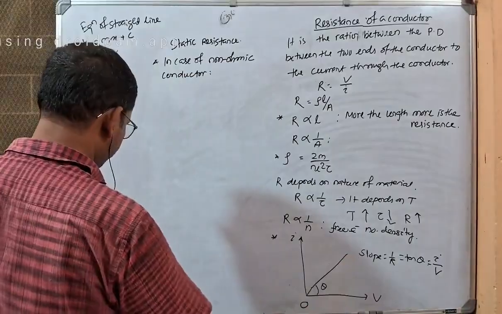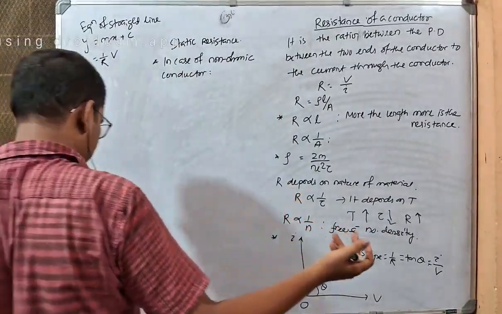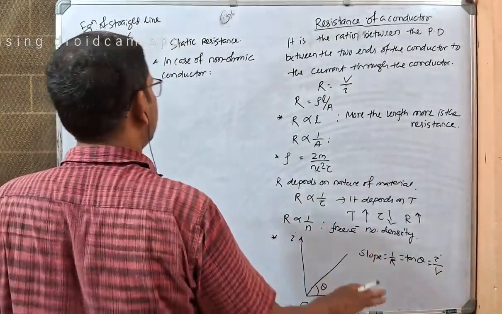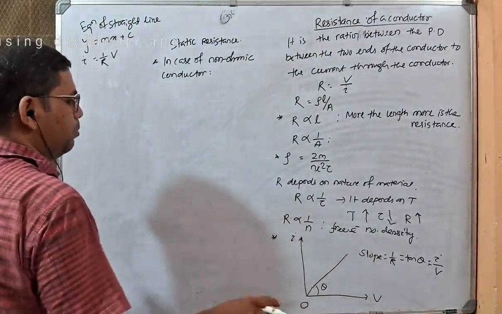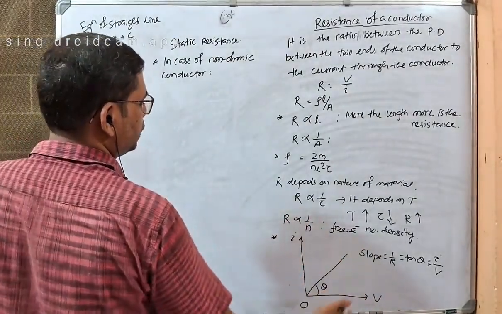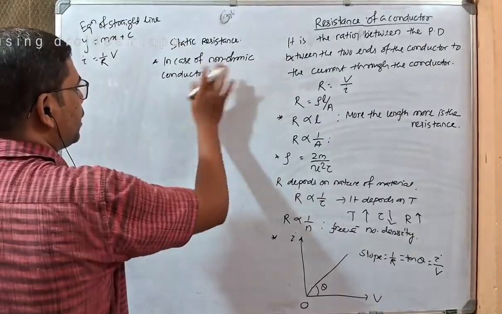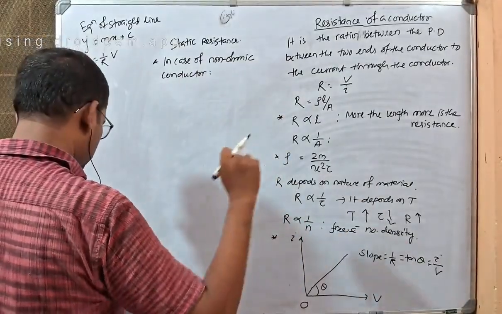It varies with V. It may have a positive slope or negative slope. Remember, for ohmic it is a positive slope, but for a non-ohmic conductor the slope may be positive or negative.